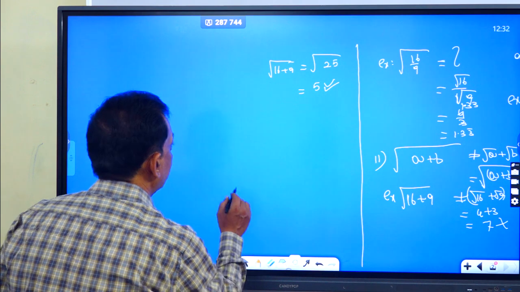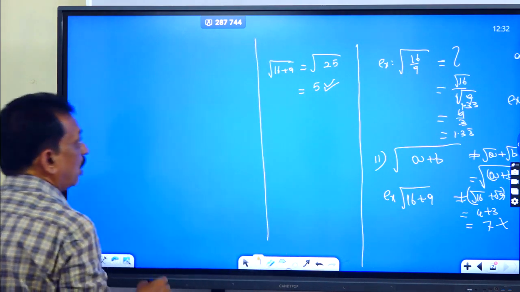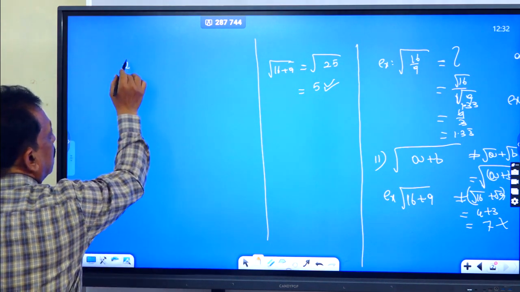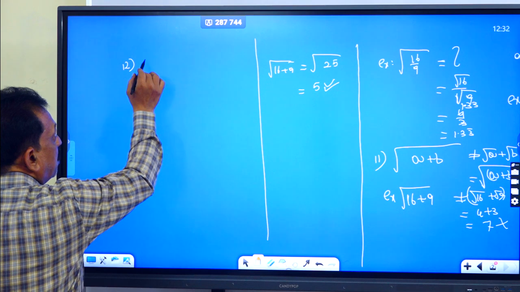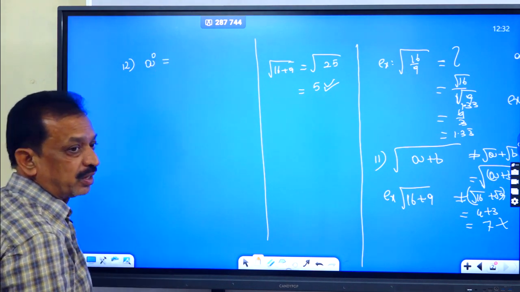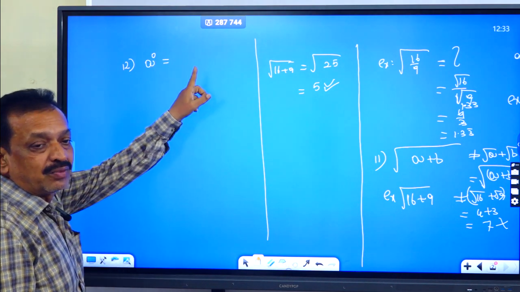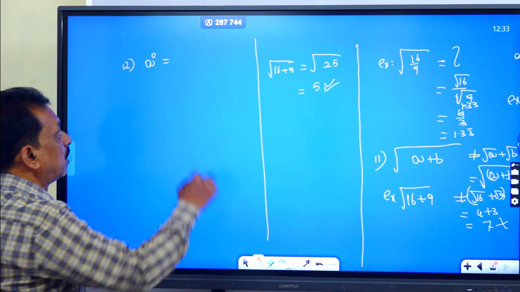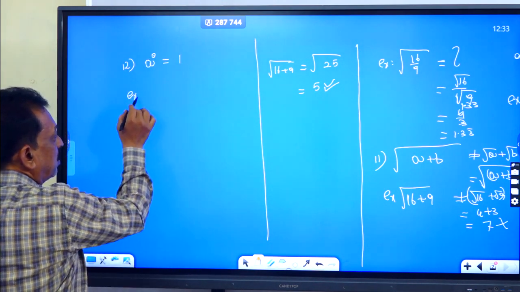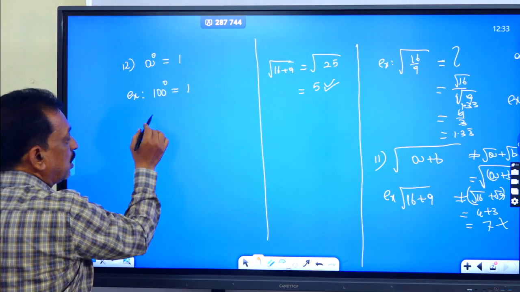Now coming to algebraic values, all of you know very well. In 12th concept, a to the power of 0 is equal to how much? Anything to the power of 0 is 1. It is not a. Understanding? So for example, 100 to the power of 0 is equal to 1 only.